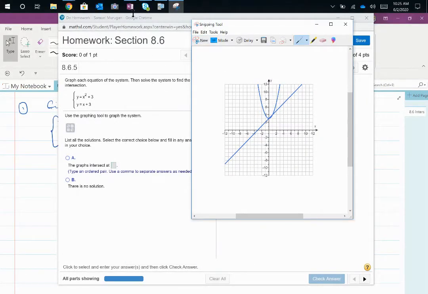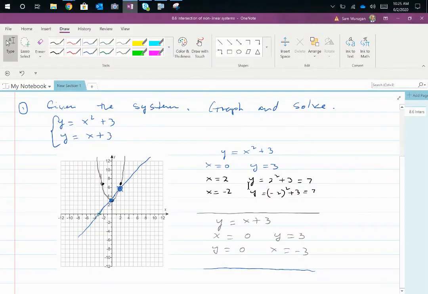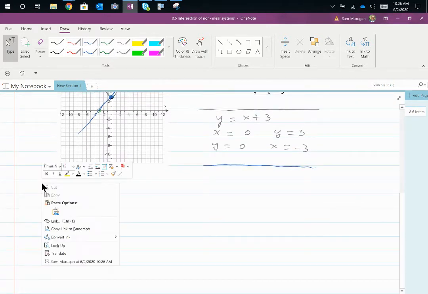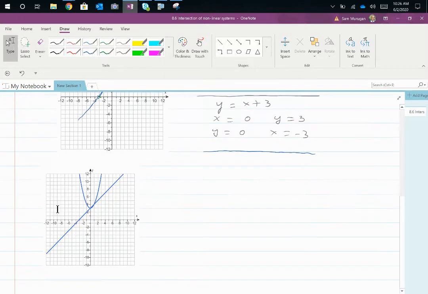This is from the homework. Now, we have to give the solution to this graph where the points intersect. And you've got two ways to do this. You can do the calculator method.